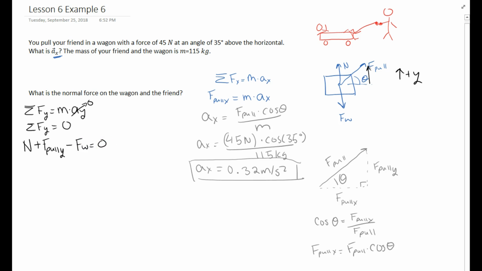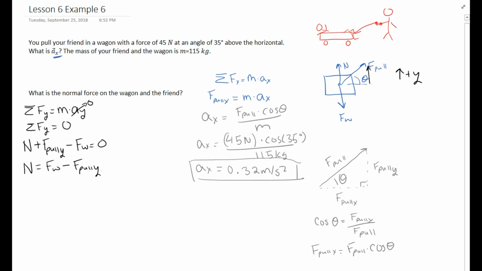We're specifically interested in the normal force, so we're going to rearrange that equation for the terms that we are interested in. So my normal force is equal to my force of weight minus my F pull y.